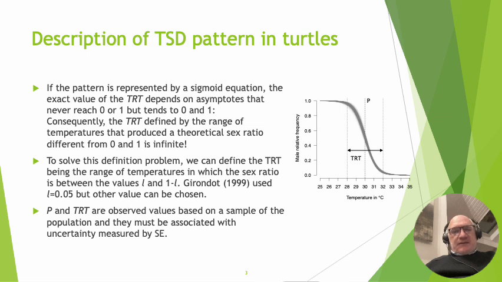If the pattern of sex ratio according to constant incubation temperature is represented by a sigmoid equation, we will see in more details this part just after. The exact value of the TRT depends on the asymptote, which never reaches, from a mathematical point of view, the value of 0 and 1, because it is asymptote.